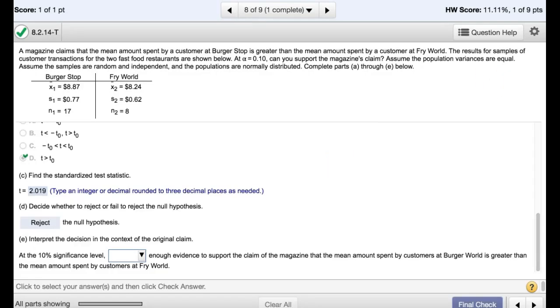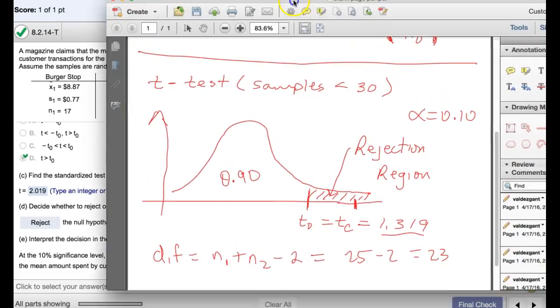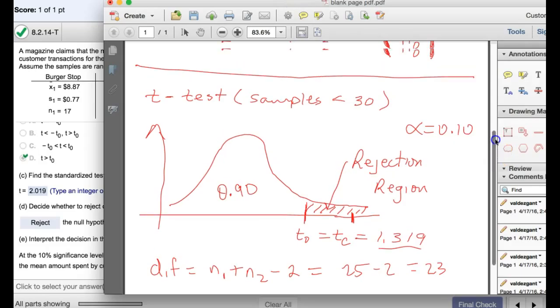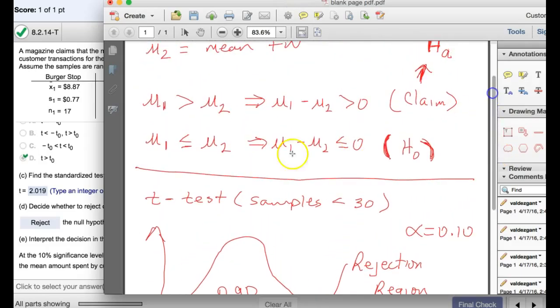And so now at that point, since we have to reject our null hypothesis, and of course, our null hypothesis was that the mean amount spent at Burger Stop was less than or equal to the amount that was spent here. So we basically cannot support this. So we do have to end up supporting our claim. So we can't support what we see here because statistically it doesn't work out.